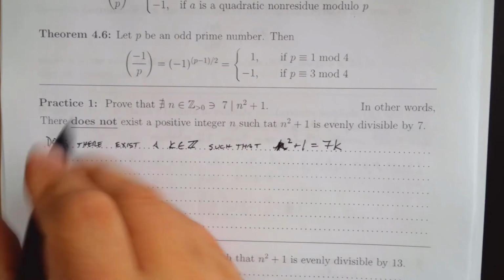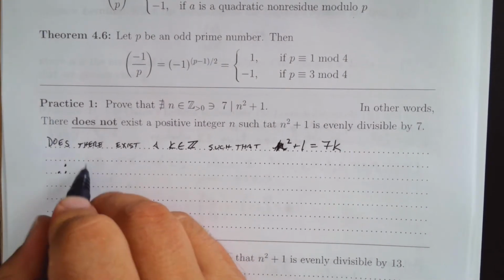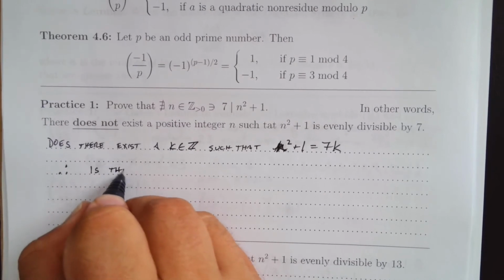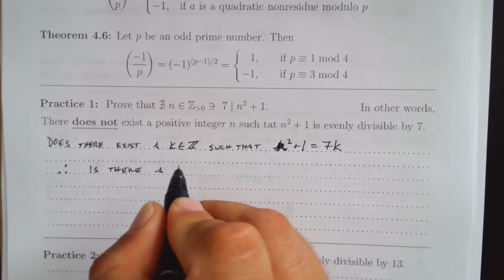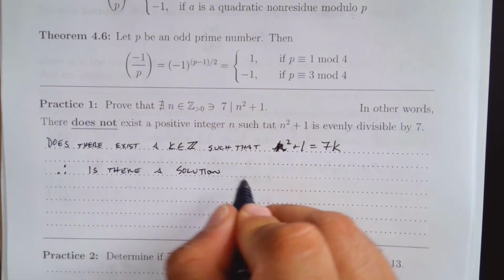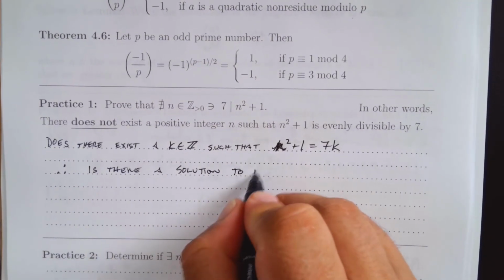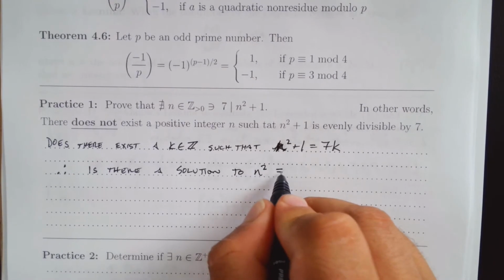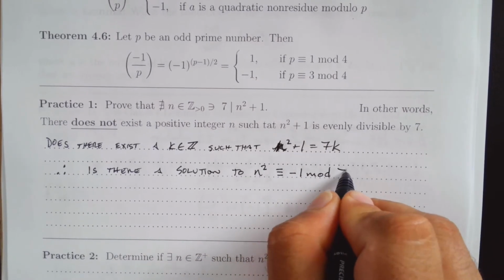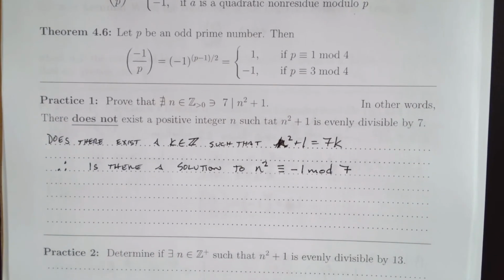Right? So therefore, is there a solution to n squared is equivalent to -1 mod 7?